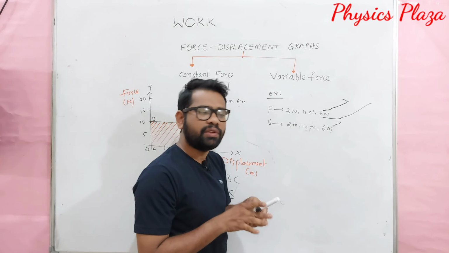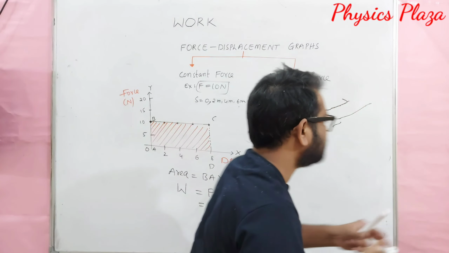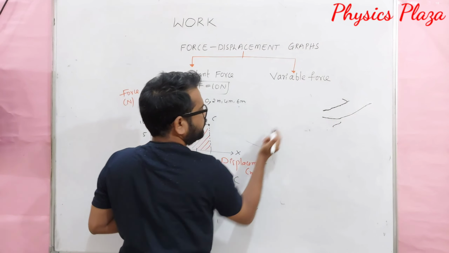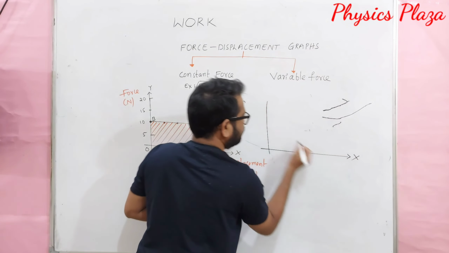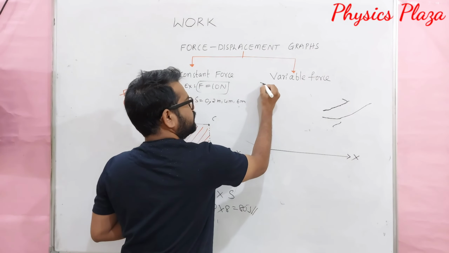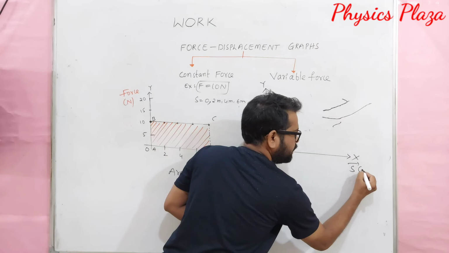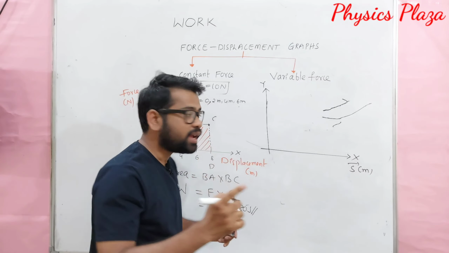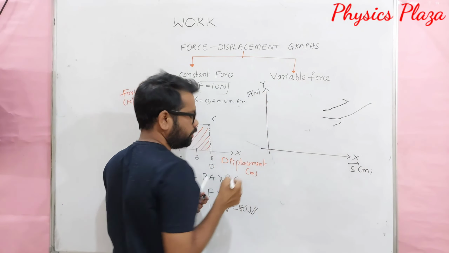In this case, if you plot a graph, how will we get it? Let us see. Here, children, let us take the x-axis and here the y-axis. As usual, on the x-axis displacement in meters is taken, whereas on the y-axis force is taken in Newton.